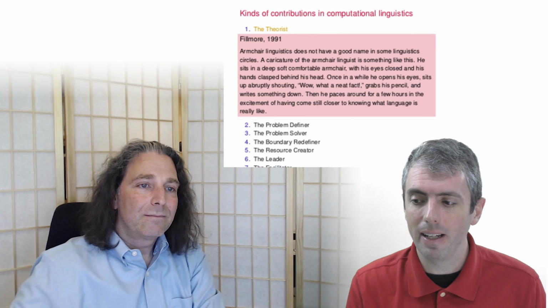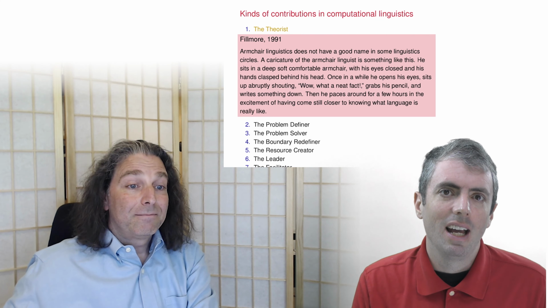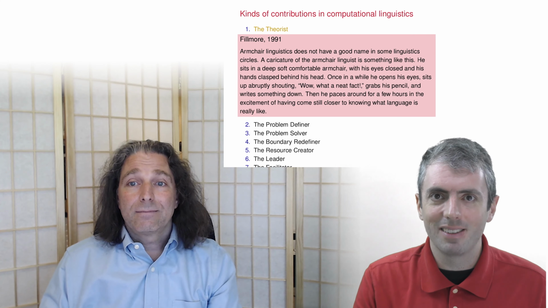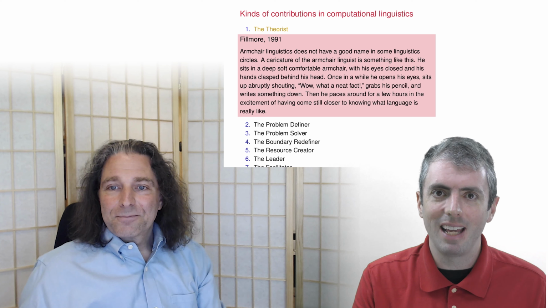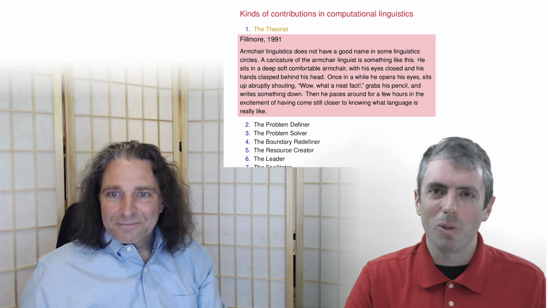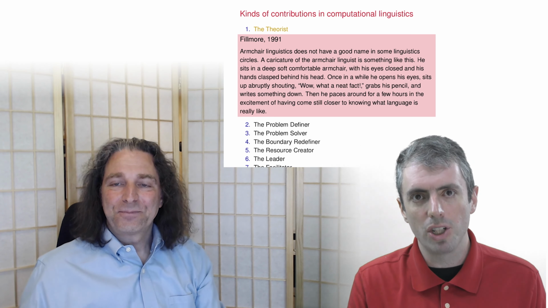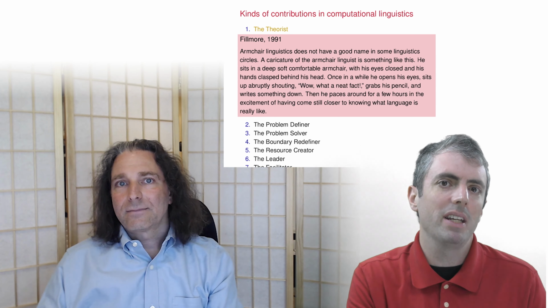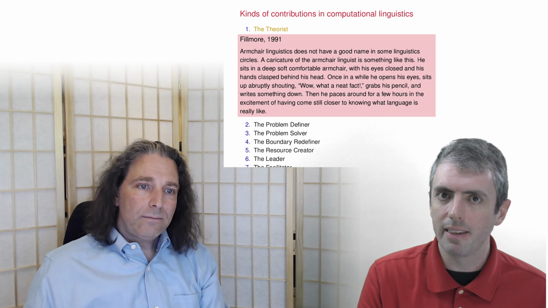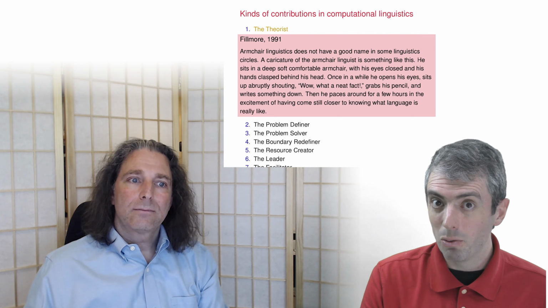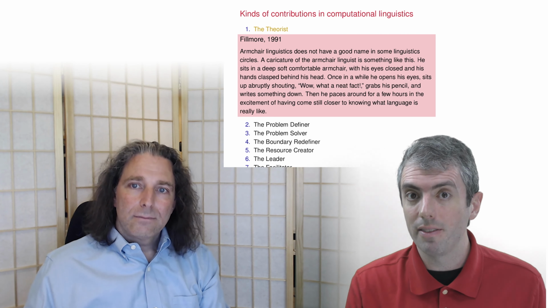Let's start with the theoretical side, as you mentioned. To be clear, there are subtypes of this person in computer science and linguistics. We're trying to be fairly broad here. The caricature is of a person who sits in their armchair, thinks really hard about something, and writes a beautiful paper about the underlying theory in linguistics or an algorithm that can solve the problem.